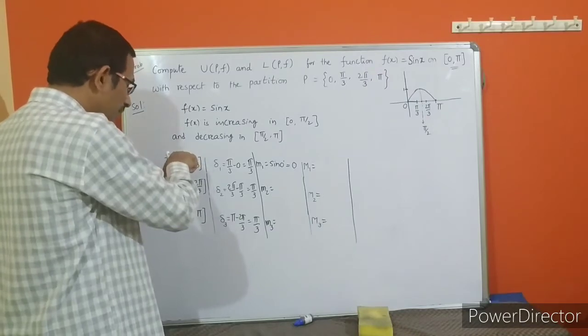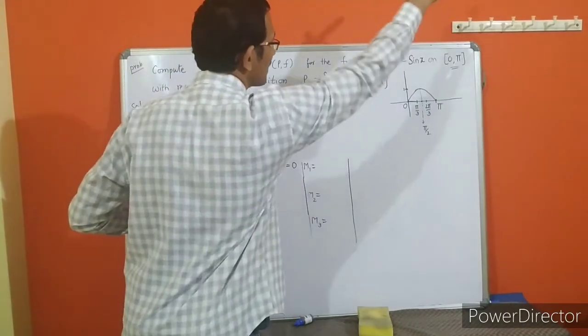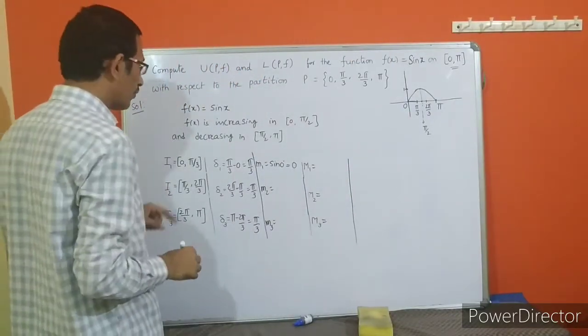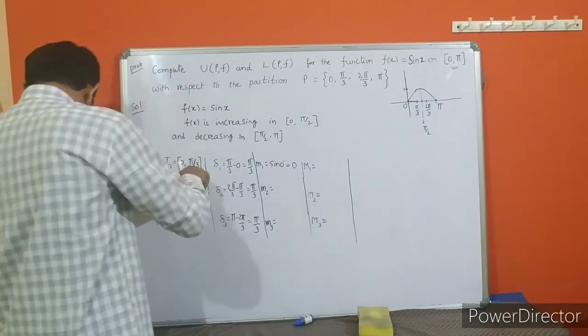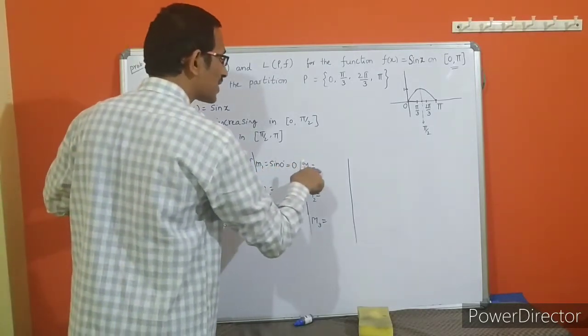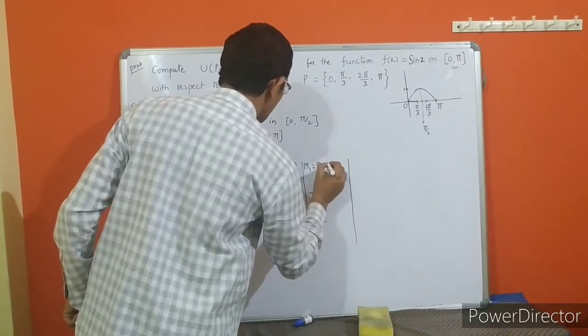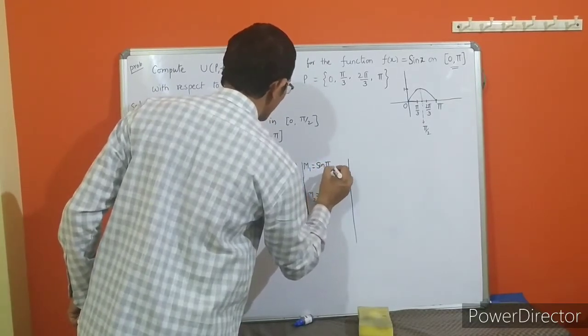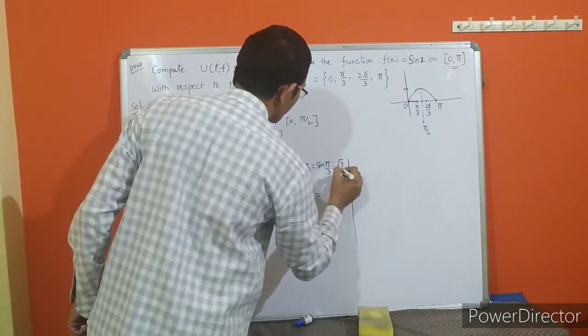Here x is minimum, so f of x is also minimum because f of x is increasing. Where is the maximum? That is capital M1. Where x is maximum, f of x is also maximum. So sin pi by 3 is the maximum value. What is sin pi by 3? Sin 60 degrees, so root 3 by 2.